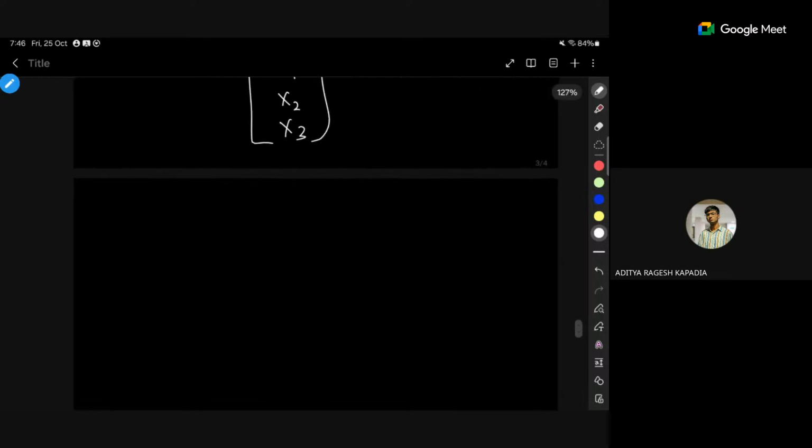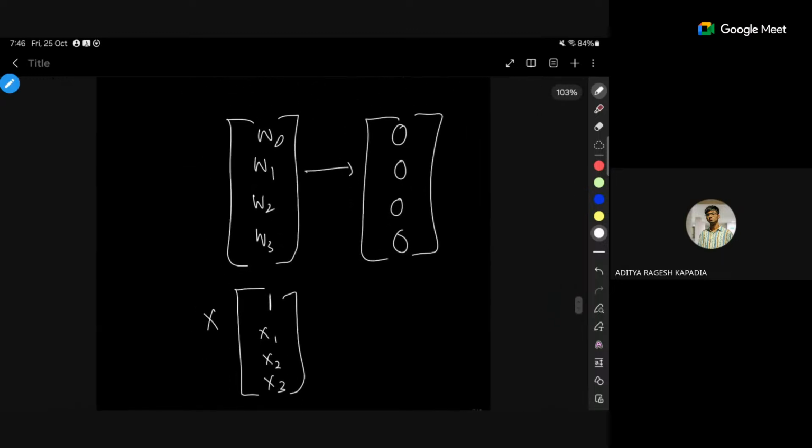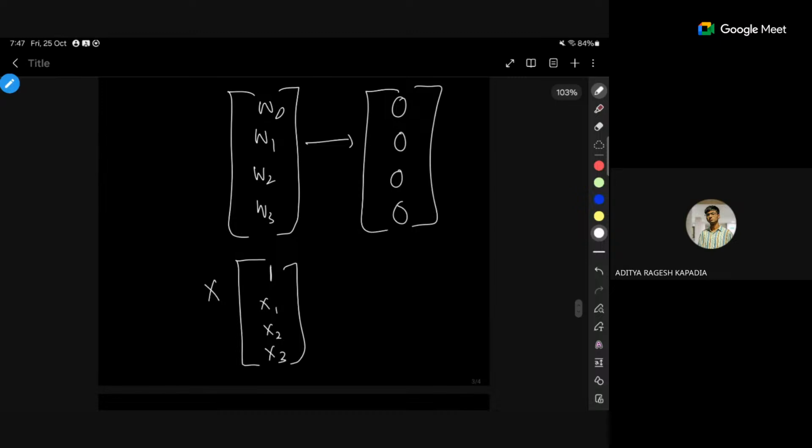The first value in the weight vector would be W naught, or last, whichever way you write your code. We add 1 whenever it is positive but incorrectly classified, and if it is negative and incorrectly classified, then we subtract 1 for the bias term.